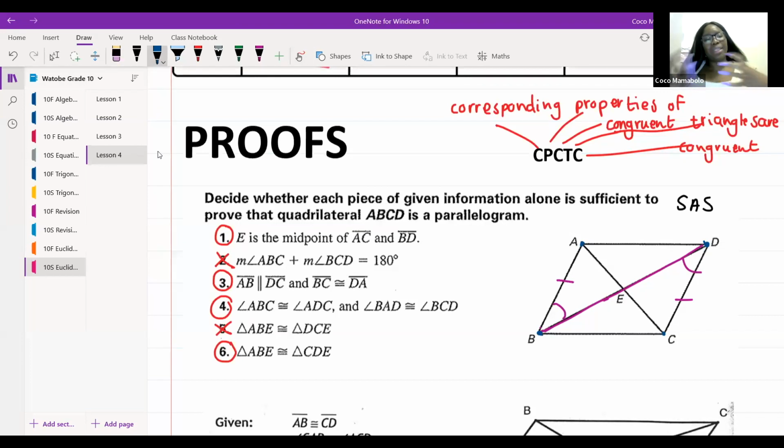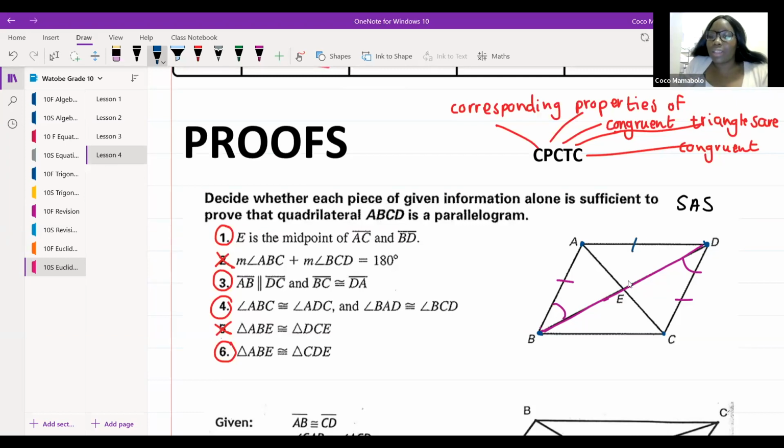According to CPCTC, automatically, because I've proven congruency, what does that tell me about those two sides? That they are what? That's it, Liabona. Not parallel, that they are equal. Good. It tells me that they are equal according to the congruency that we've already proven.